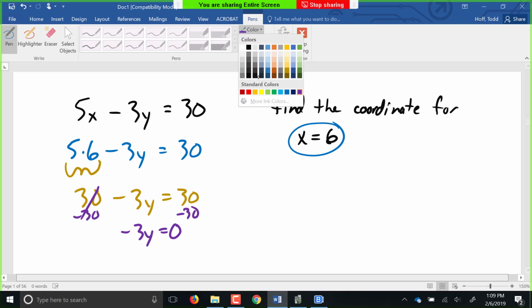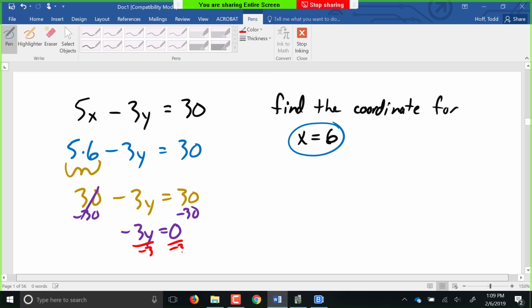And then divide by negative 3, y equals 0. So the answer to the question is 6, comma 0. Very good.